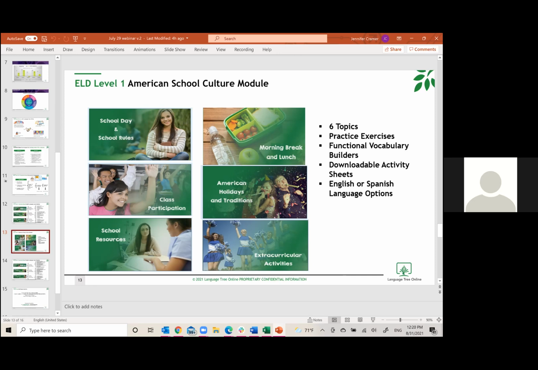So to give you some ideas, for our SLIFE students or our real newcomers that don't have transferable language skills, oftentimes this is a great place to start. And even just starting with the downloadable activities and working with those newcomers in a small group is a great way to get going before jumping right into the program.